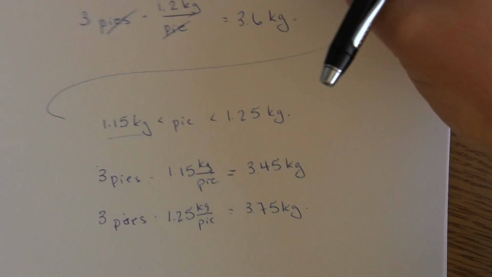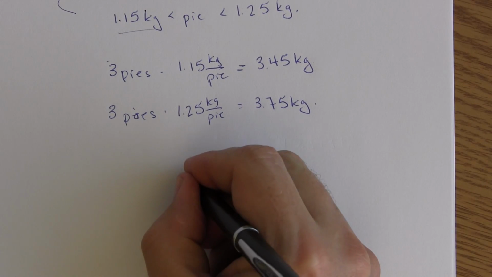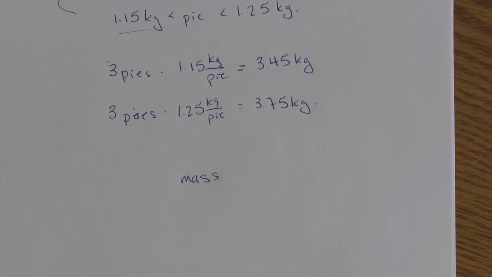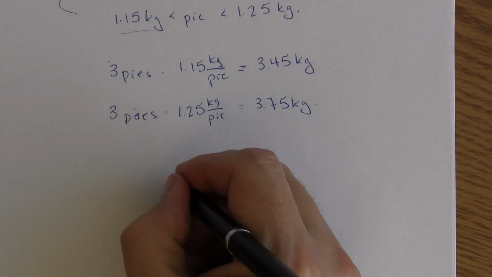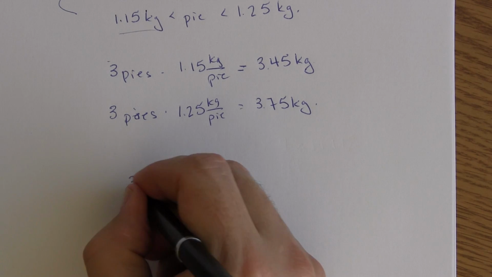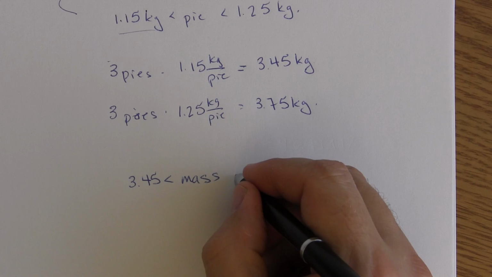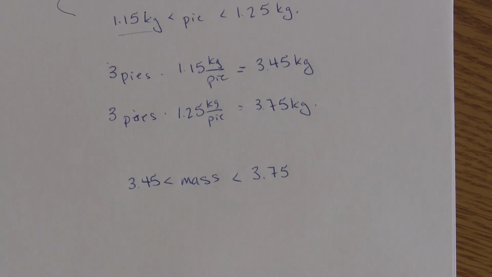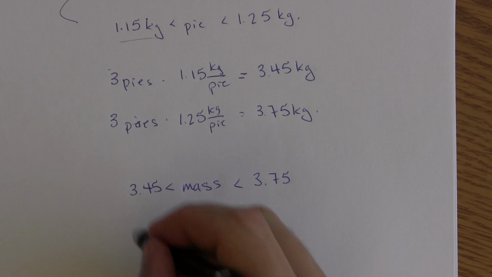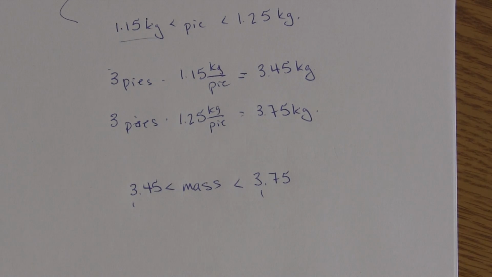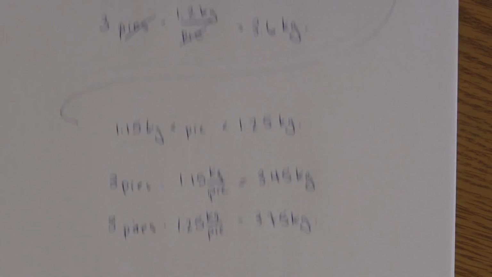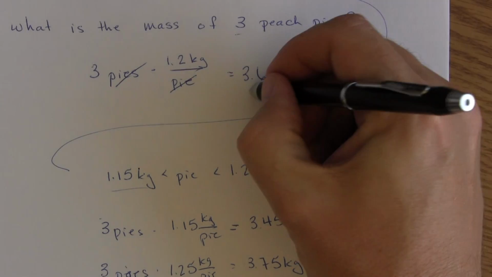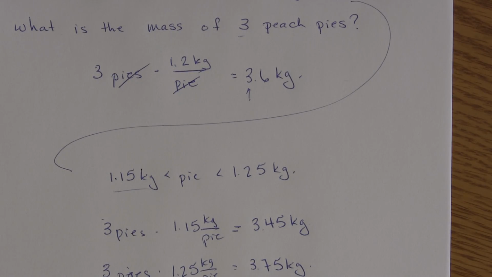Which means that my total mass lies somewhere between my lower mass, 3.45, and my upper mass, 3.75. We can see that this value is the same for both my low end and my high end, and you'll note is the same as I got when I chose my average or central mass.